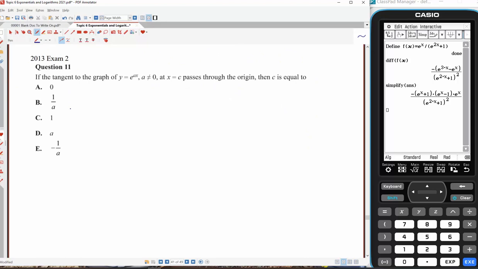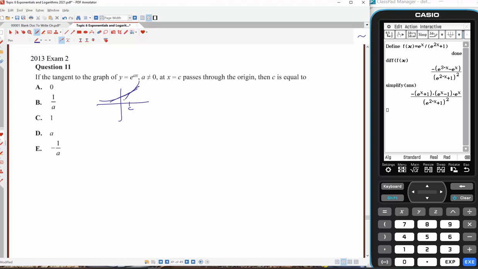Okay, if the tangent to the graph of y equals e^(ax) at x equals c passes through the origin, then c is equal to what? Alright, so basically let's imagine e^(ax), so it could look like that. And at c, so here's a possibility.